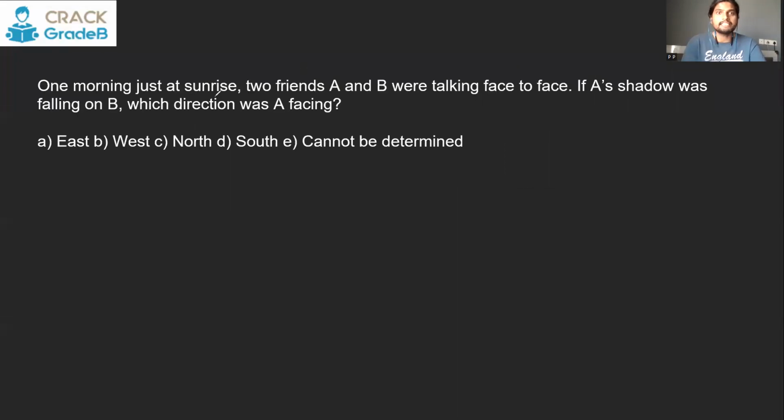One morning, just at sunrise, two friends A and B were talking face to face. A's shadow was falling on B. We just saw that in the morning, the sun is in the east direction, so the shadow of any person is going to fall on the west direction. Let's say this person is A and this is A's shadow, falling on B. Which direction was A facing?